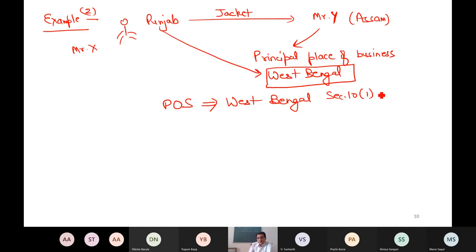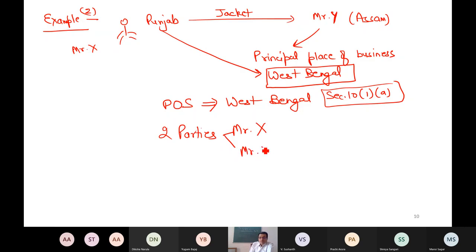Section 10(1)(a). But still do remember that there are only two parties involved, Mr. X and Mr. Y. There are no three parties. Mr. Y has its own principal place of business in West Bengal, so there is no third party involved.